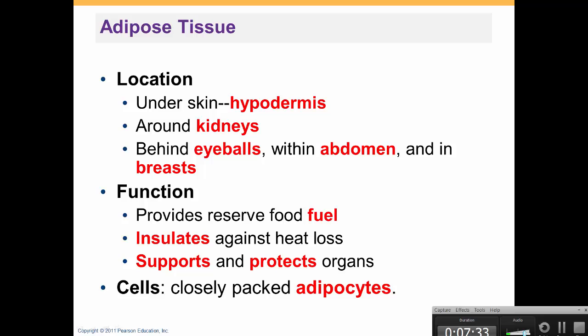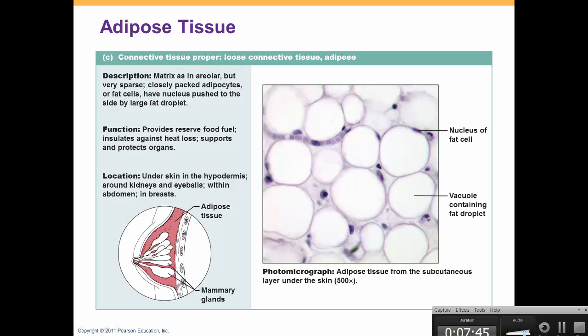So if somebody hits you in the kidney, there is a space where the kidney can't just move, and there's a cushion around it. What's the main cells? Of course, it's the adipocytes that are closely packed. So this is my adipose tissue. So this is one cell, and what do you see in this cell?